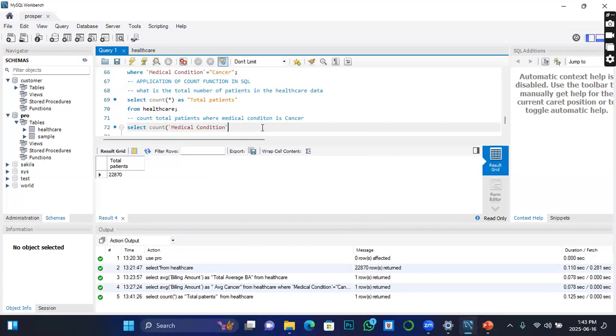Medical condition as total cancer patient.